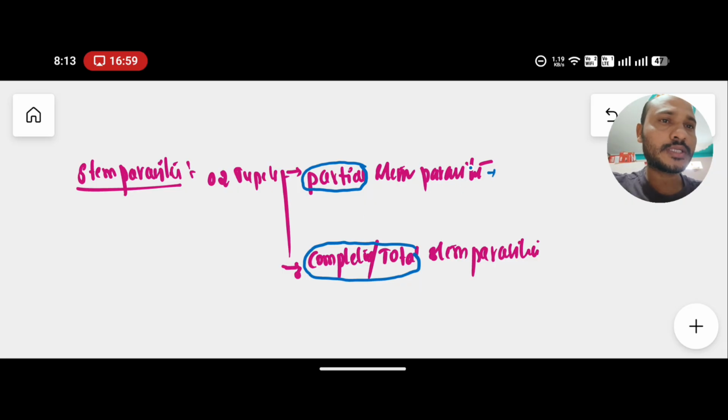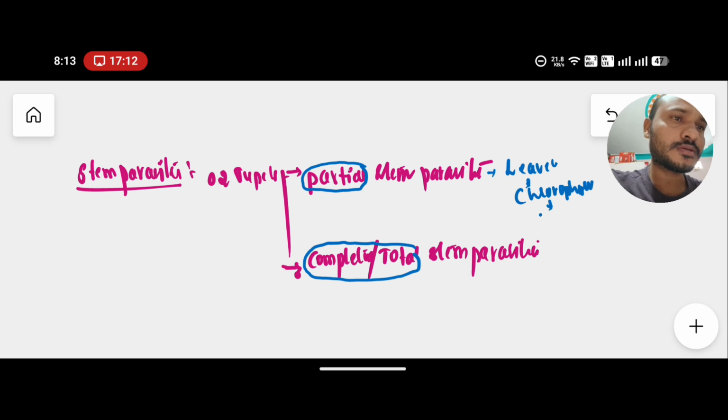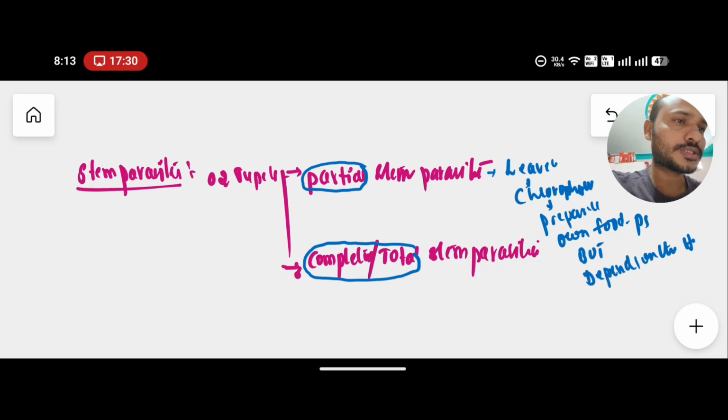So here partial stem parasites have leaves, hence they are chlorophyllous in nature, hence they prepare their own food by photosynthesis. But this partial stem parasite depends on the host for water and minerals. This type of parasitic plants are called partial stem parasites.